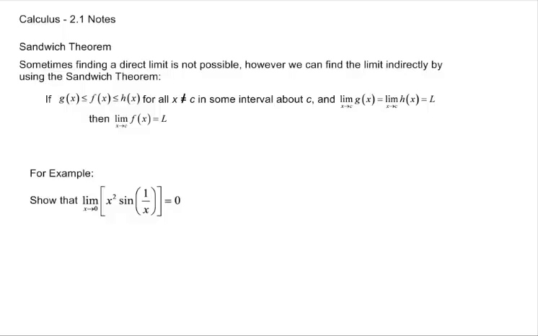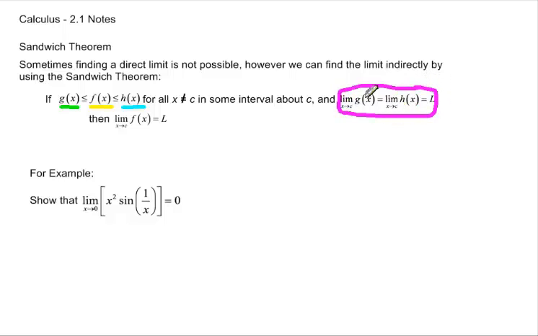So if I can find three related functions where one is smaller than the next, which is smaller than the next, in this case g, f, and h, so that g is smaller than f, which is smaller than h, where x doesn't equal a specific value, then what I'm looking for is a place where I can get a common limit between g and h.